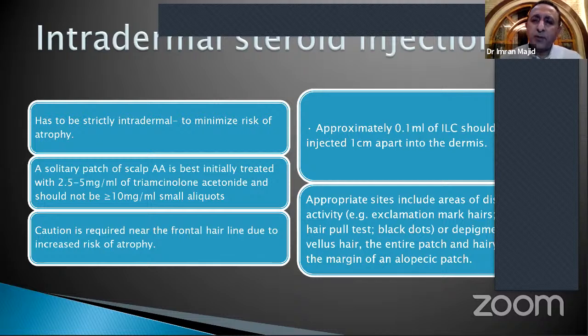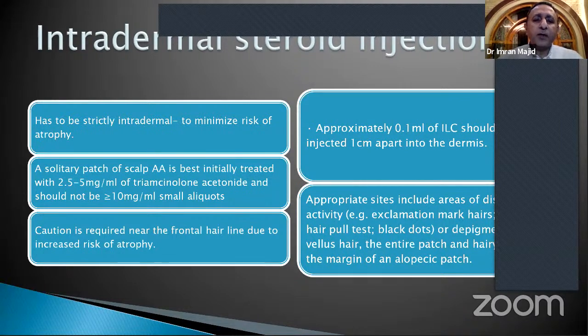After the topical treatments, we have intradermal steroid injections that are very commonly used in alopecia areata. For this treatment, what we need to remember is that this intralesional steroid injection has to be strictly intradermal to minimize the risk of atrophy.